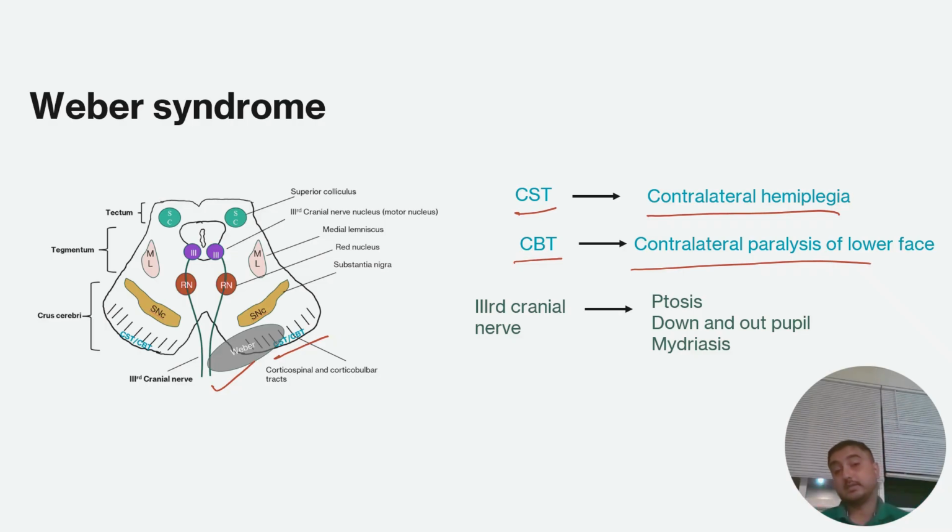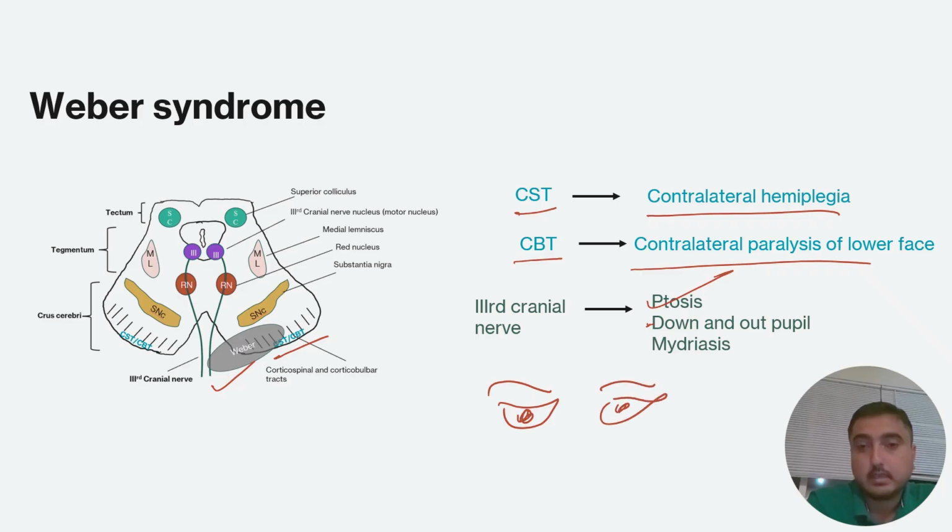Remember, whenever there is involvement of the third cranial nerve, there will be basically ptosis. The pupil will be down and out because the eyes have extraocular muscles. Most of the extraocular muscles are supplied by the third cranial nerve, except lateral rectus and the superior oblique.